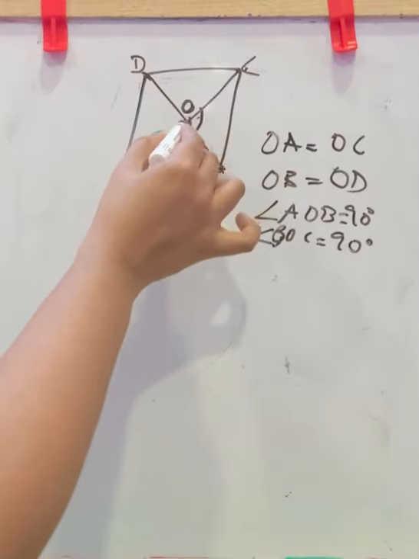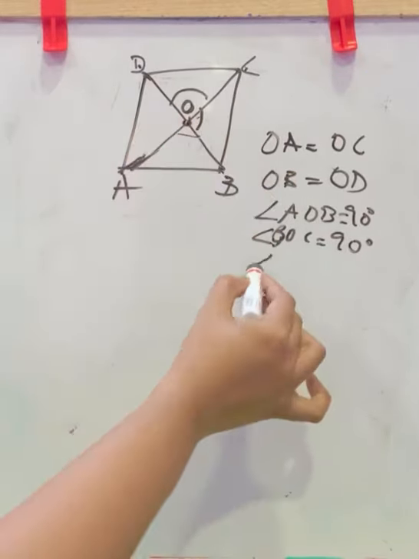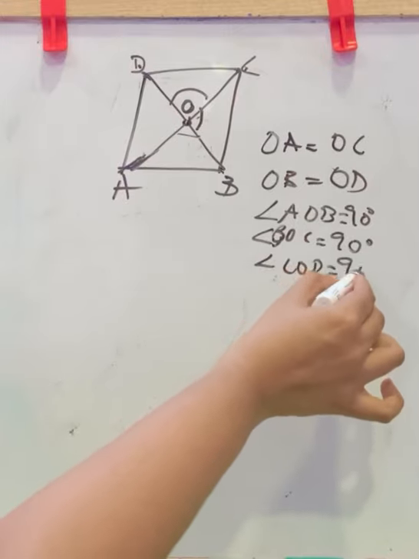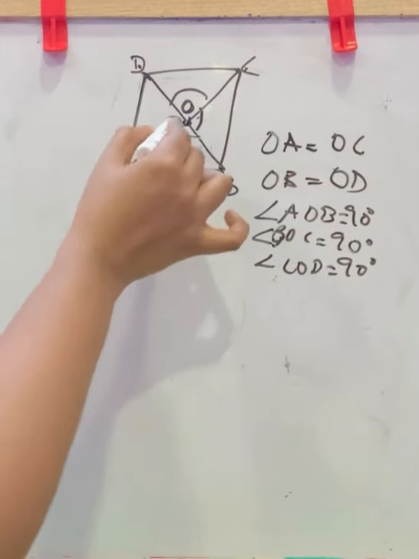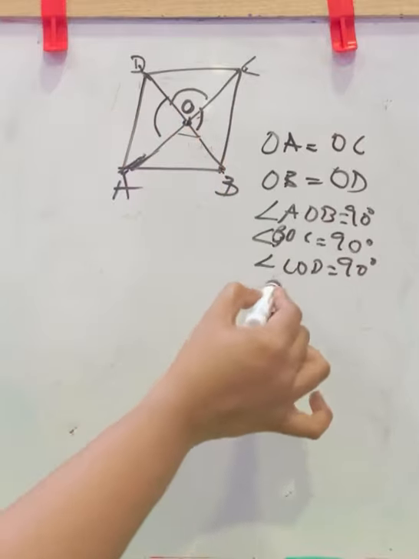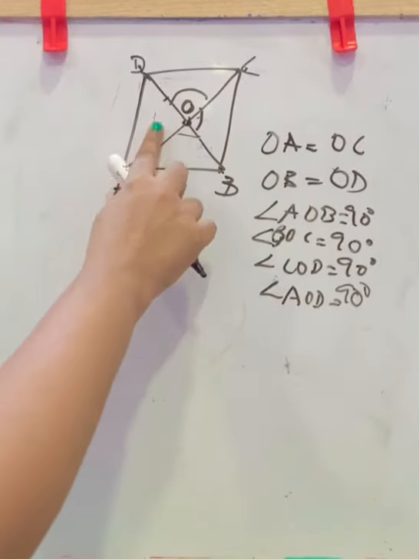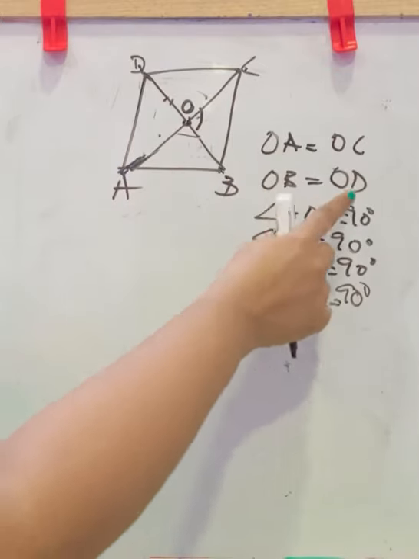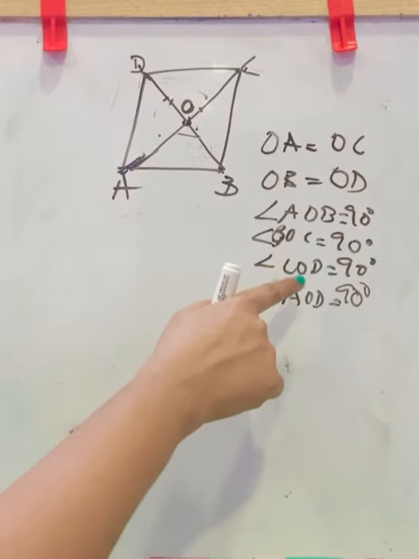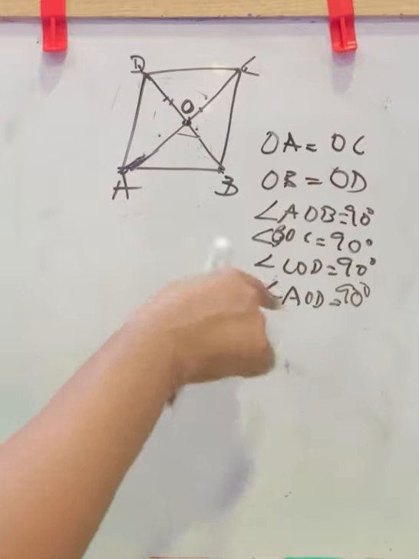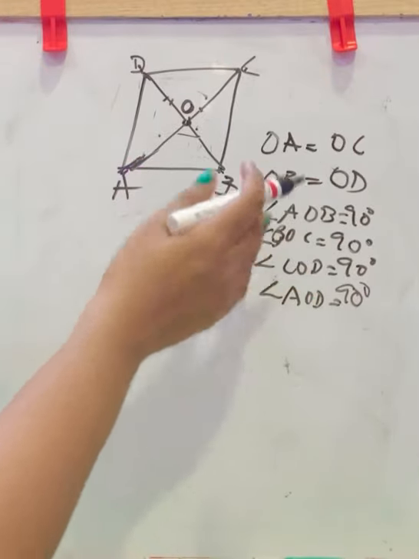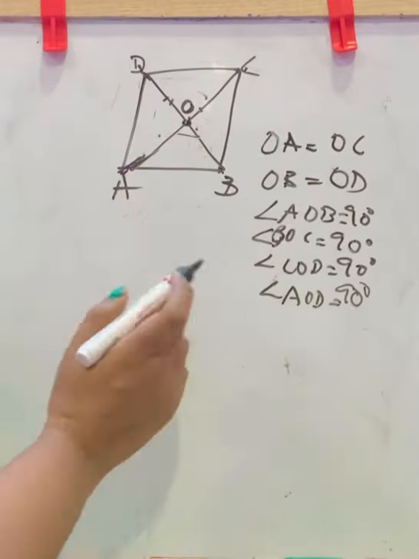Next angle COD equal to 90 degree. Also angle AOD equal to 90 degree. So this we have to prove. They bisect and bisection is forming right angles, that is 90 degrees. So we can say perpendicular bisectors.